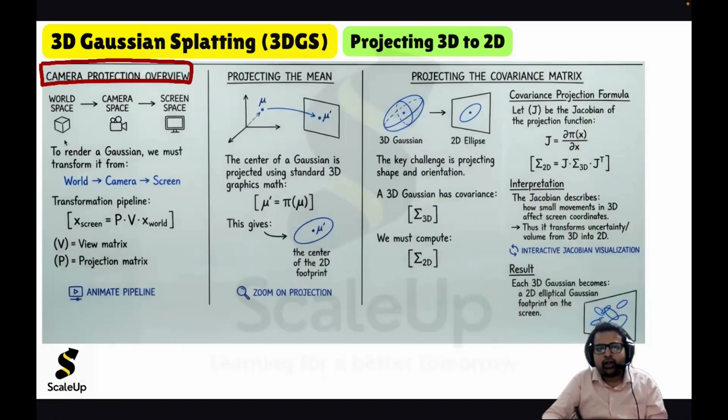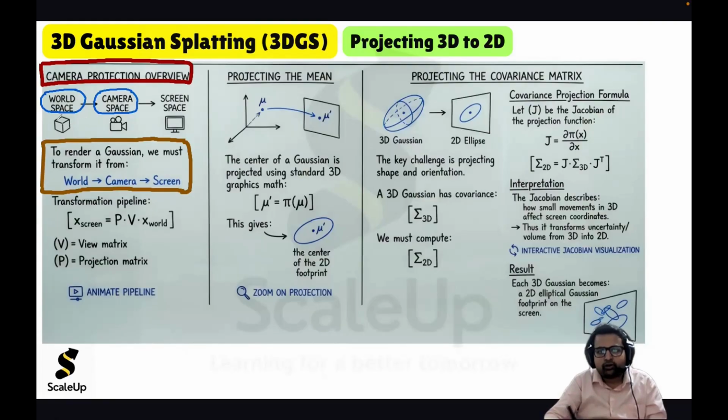In order to render a Gaussian, we must transform it from the real world to the camera, then to the screen. So from world space, we have to transform it to the camera space. The idea is that in the world space, we will have millions of 3D Gaussians.